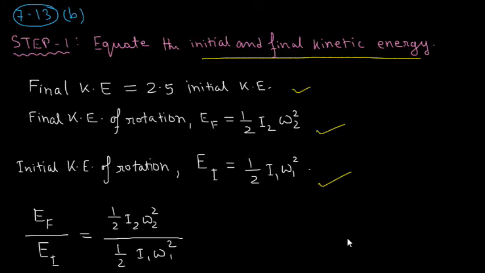So upon dividing, we get EF upon EI is equal to half I2 omega 2 square upon half I1 omega 1 square.